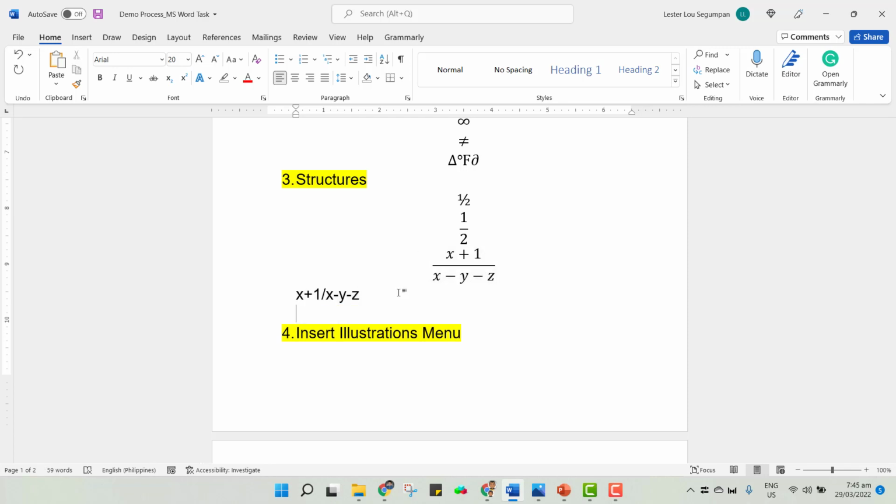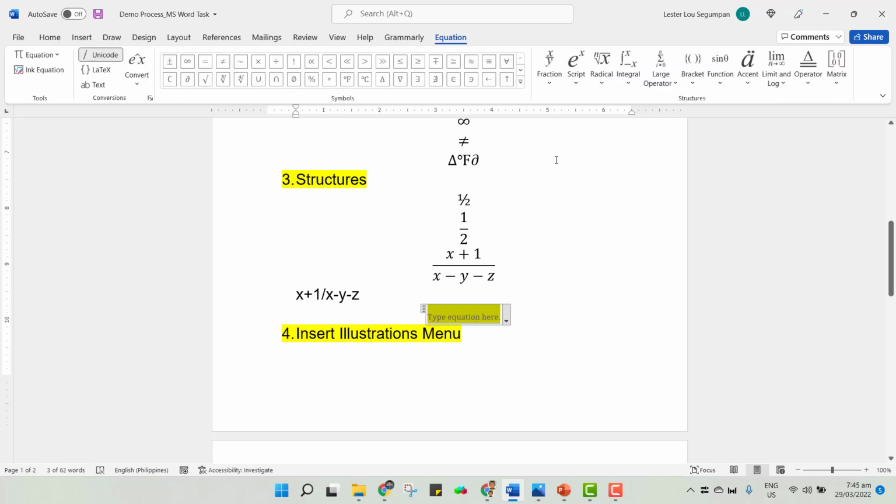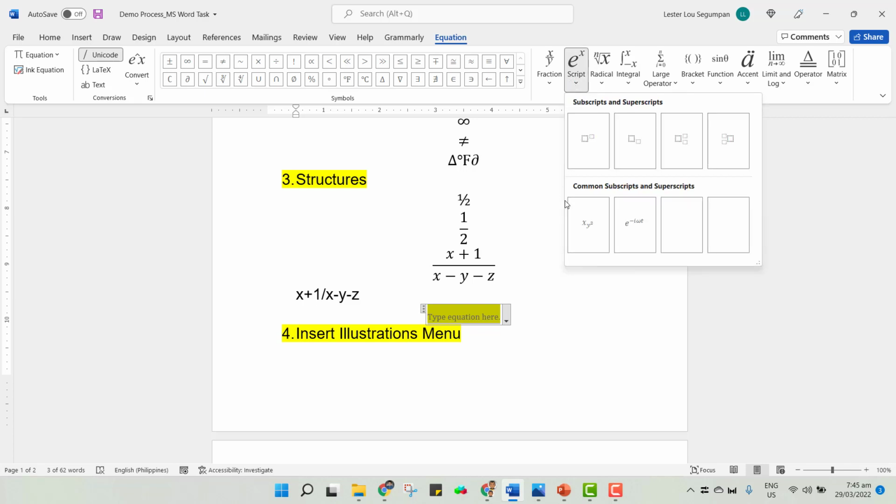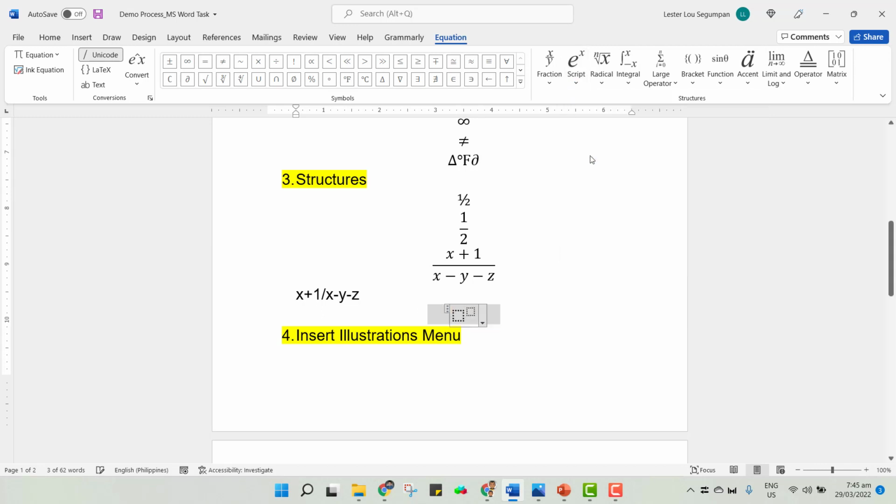Aside from the fraction, you also have here the scripts, for your subscripts, your y sub 1, x sub 1, or more importantly, exponentiation, x squared. Instead of using x caret 2, you have x squared itself.